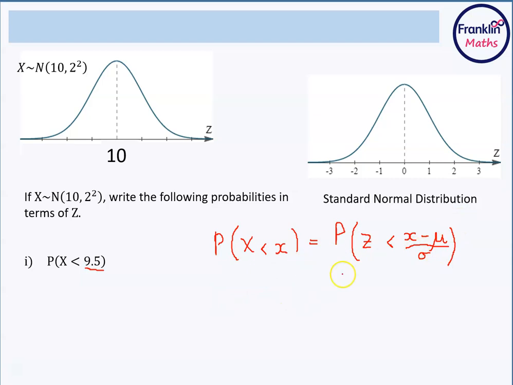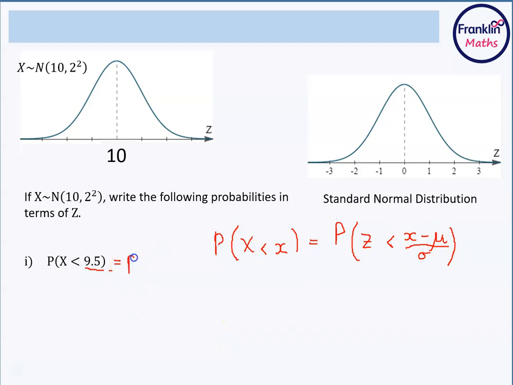Okay. Again, as I said to you before, I think your calculator will do this for you anyway, but it's worth being able to do it. So all we're going to do is write down all the bits and pieces. So I'm just going to put an equals on this. And let's have a look here. So we know what mu is, we know what sigma is, we know what x is, so we're just going to work it through the formula.